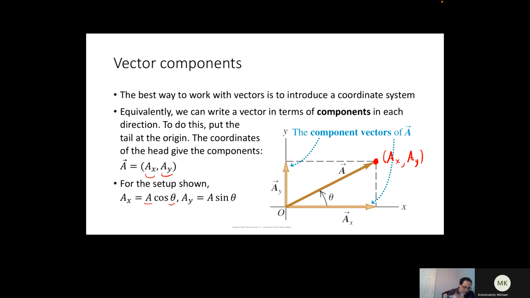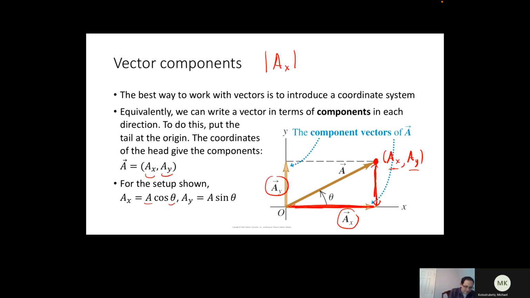So let's go ahead and derive these formulas really quickly. We're going to do this 1,000 times in this class, so you'll get very, very comfortable with this. But I'm going to take my vector A, and break it up into an x and a y component, A_x comma A_y. And let's take a look at this. So the magnitude of A_x is this side of the triangle, the bottom side.